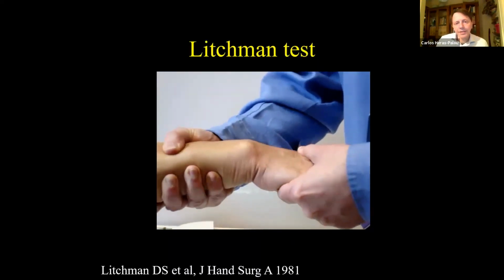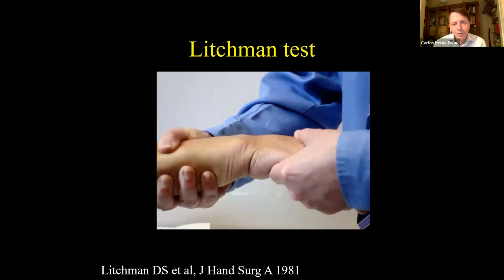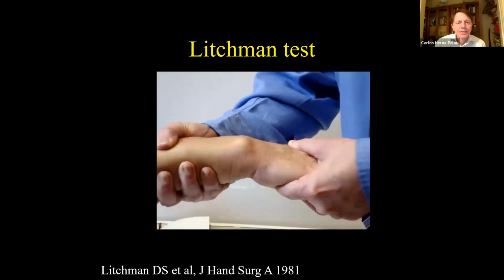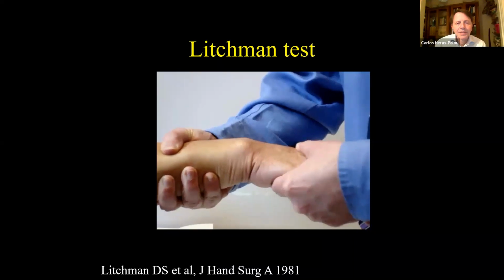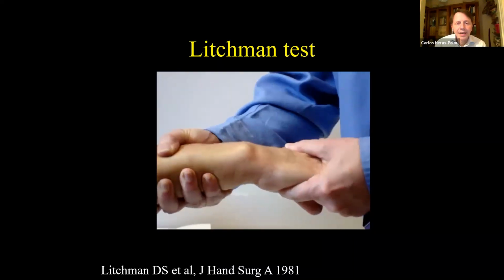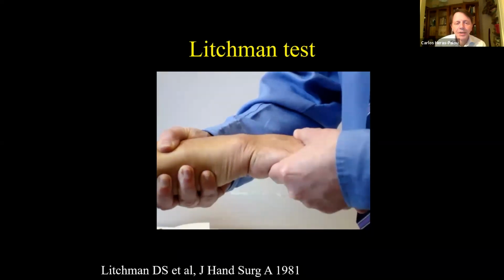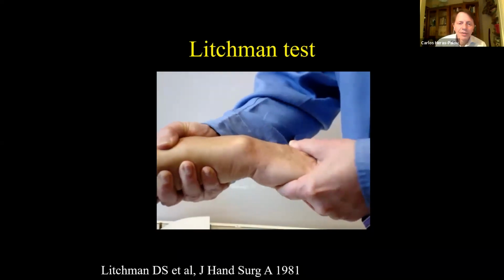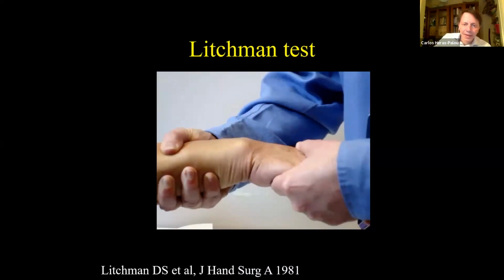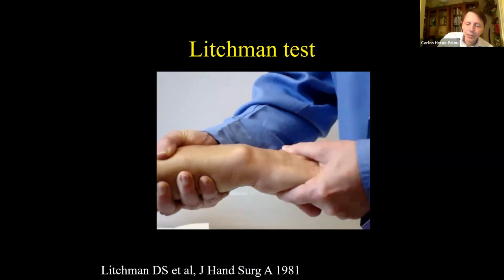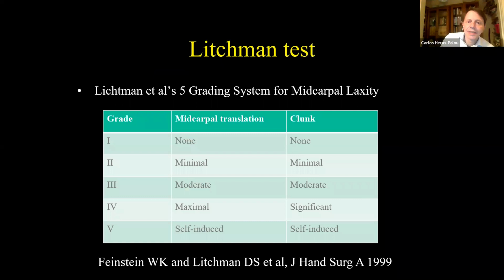And David Lichtman from Dallas-Fort Worth devised this test where you passively push the hand down to create a palmar sag, bring it to ulnar deviation, and at the end of ulnar deviation, it will jump back or not. And what he developed is a grading.